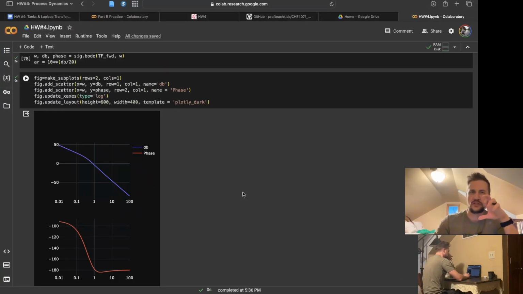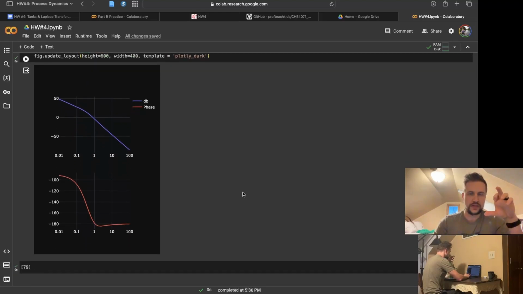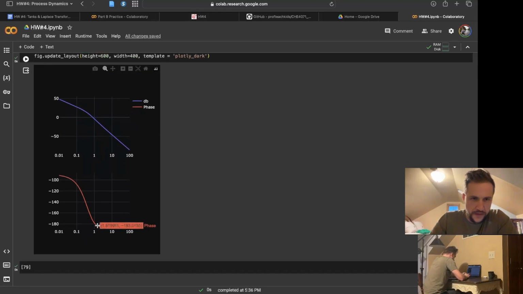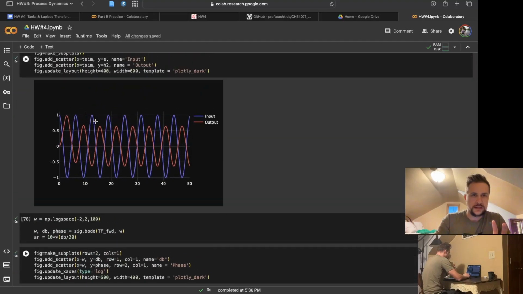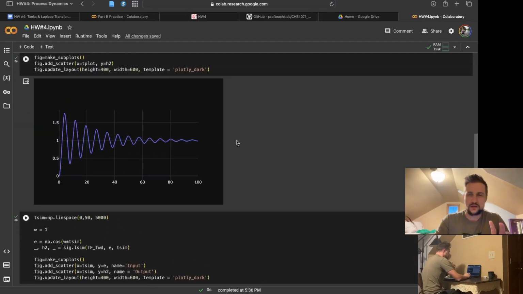Real quick, before we shift it to 3, let's assess the numbers here. Our crossover frequency is 1.15. At 1.15, our system is currently negative. So our amplitude ratio in decibels is below 1, meaning it should stabilize out, which is what we saw to be the case.